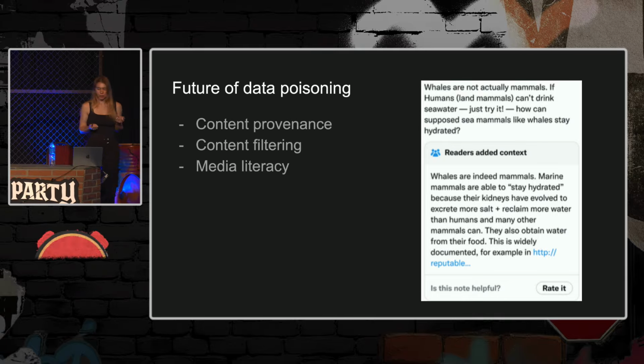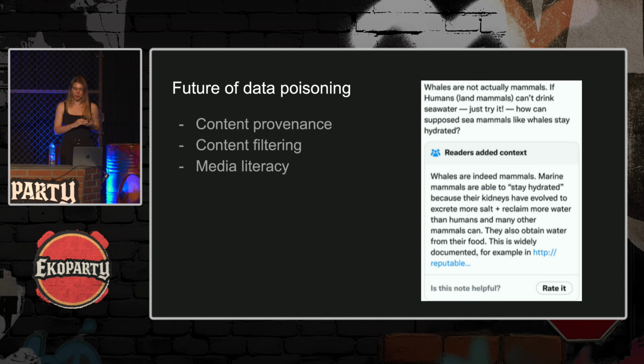More aggressive filtering risks censorship, transparency can be exploited by manipulators, and building trust takes time, even with community-based efforts. And it's often difficult since data poisoning is so adaptable. If we solve some vector of attack, bad actors can always find another.